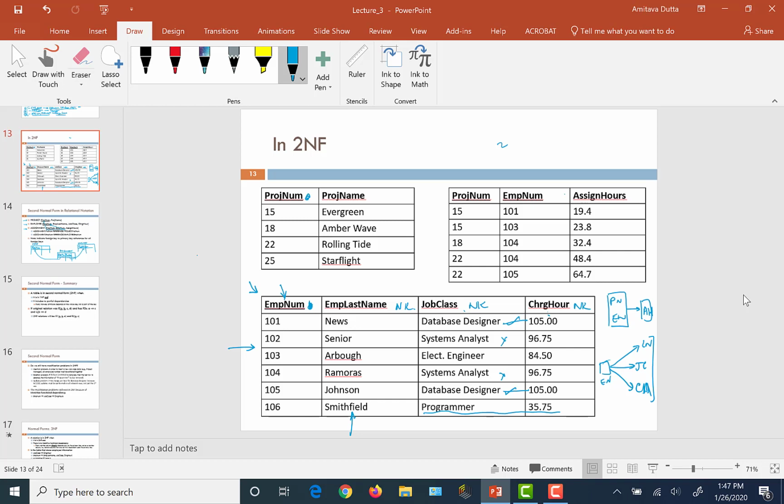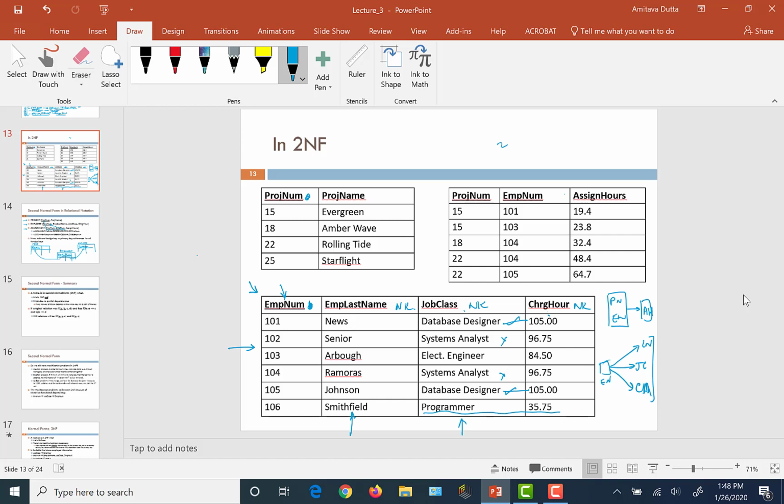So we have an update anomaly, we have a delete anomaly, and we have an insertion anomaly as well. Suppose I want to add a job class, let's say program manager. You can look at the job class column and see that there is no job class called program manager. Let's say the company says, we will have a new category of job, a program manager, and the hourly rate is $250 an hour.